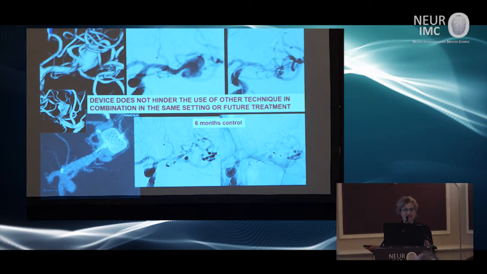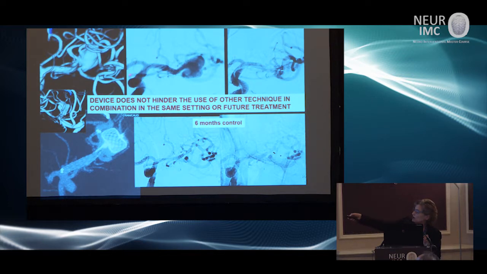The good thing about the devices is that you can combine them with other things. It does not hinder using other devices. In this particular patient where we placed the VEP device, we thought that there is encroachment on the bifurcation vessel, on the left side. So we decided to put a stent to secure this vessel.